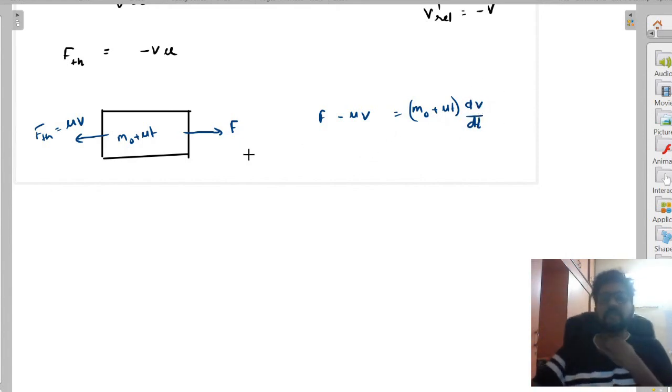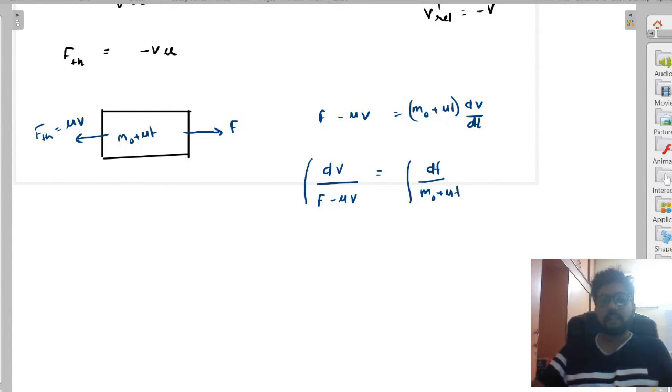Now you will separate variables: dv upon F minus mu v is equal to dt upon m naught plus mu t. Now at t equal to 0, you know that the velocity is 0. At t equal to any time t, you need to find the velocity.